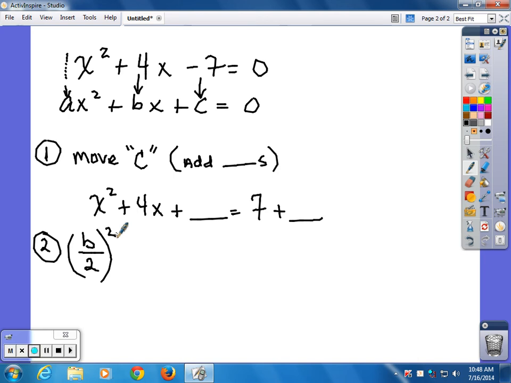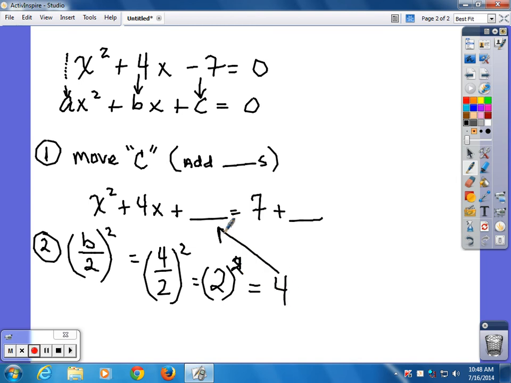So in that case, what's our B? 4 over 2. And I'm going to square it. 4 over 2 is 2. And 2 squared is what? 4.